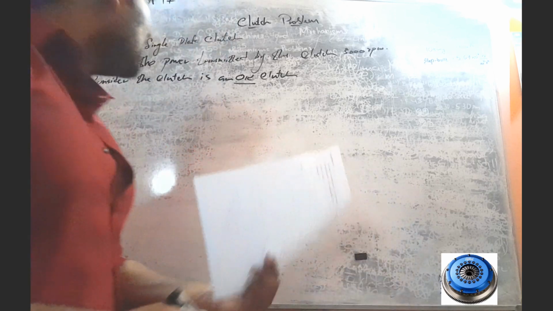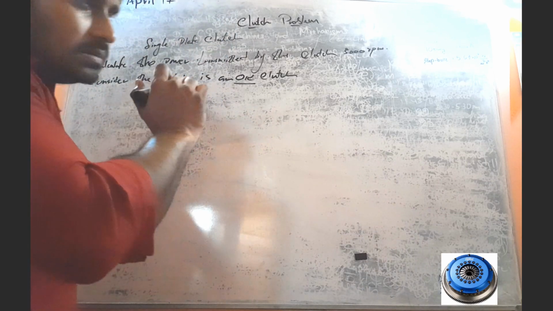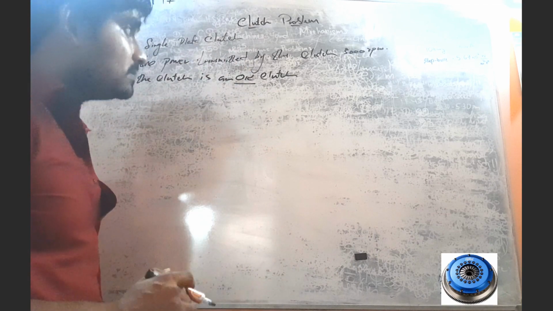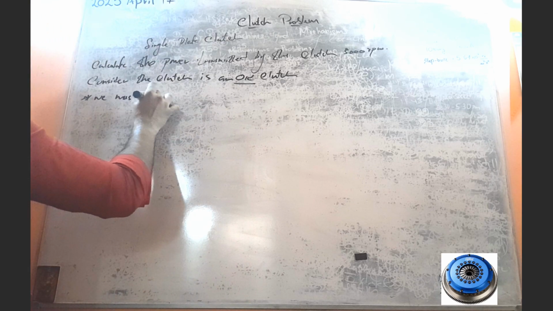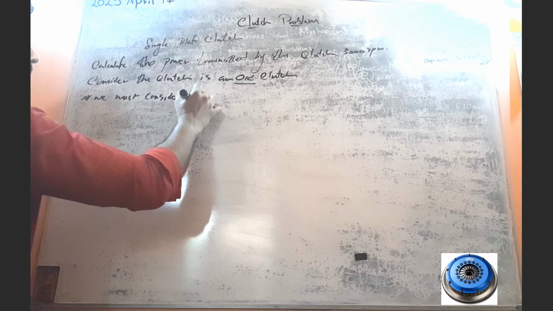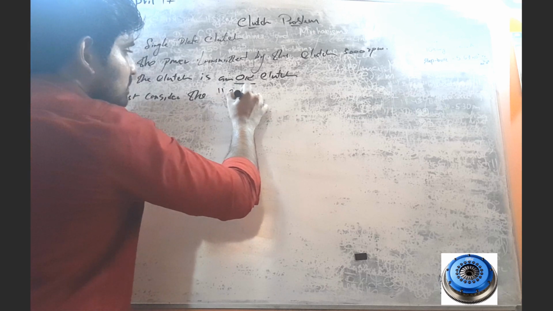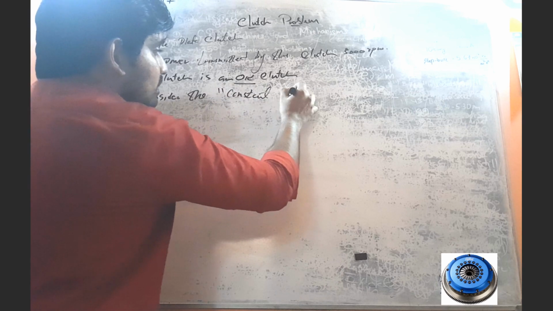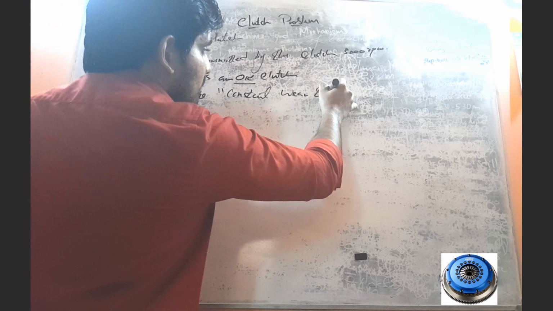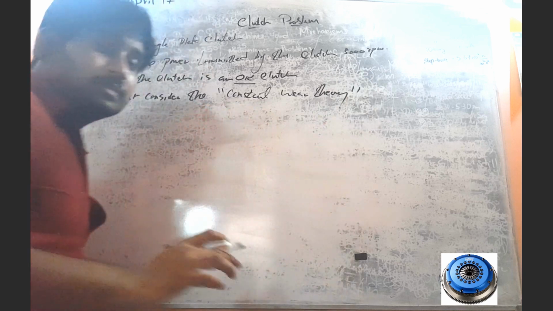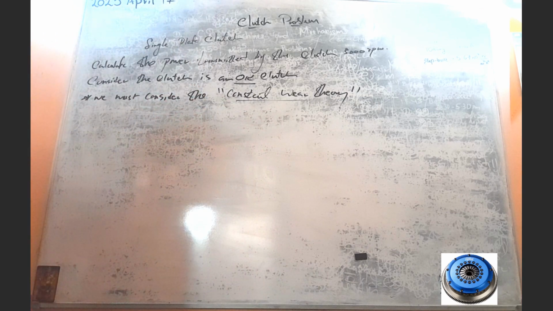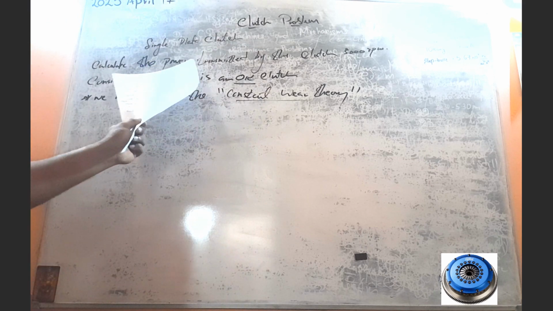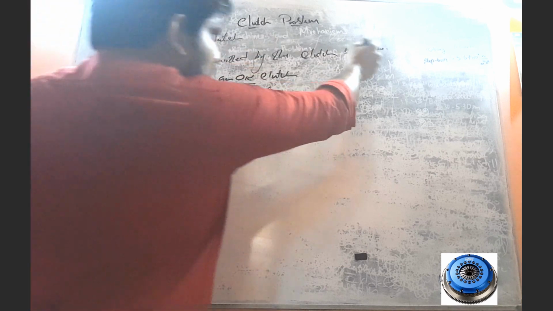Now the clutch is an old clutch, so we must consider the constant wear theory. All right. So now we need to calculate the power transmitted at 3000 RPM.